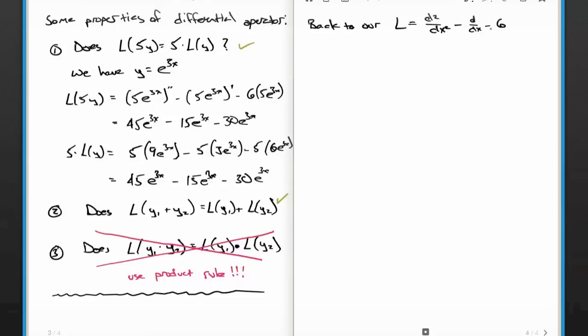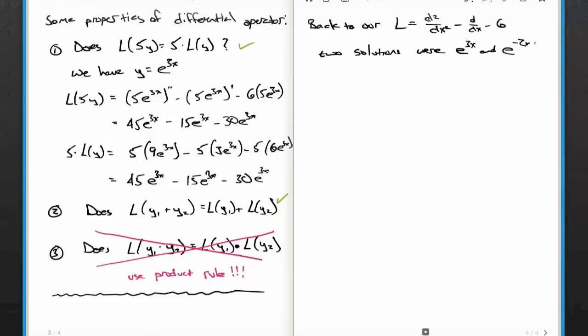So the two solutions we came up with were e to the 3x and e to the negative 2x, right?